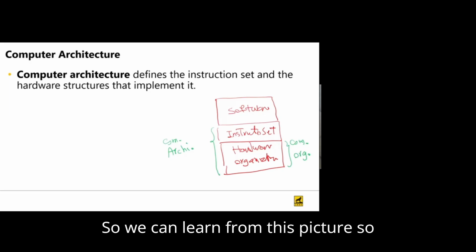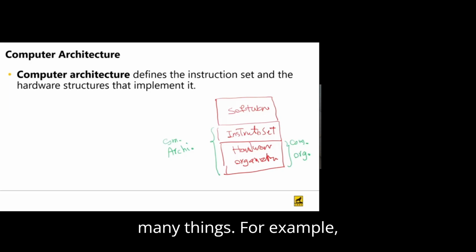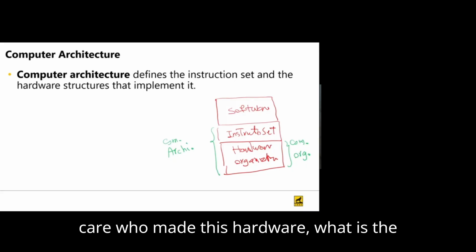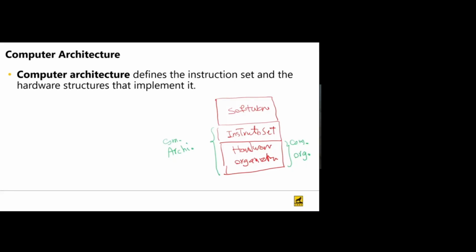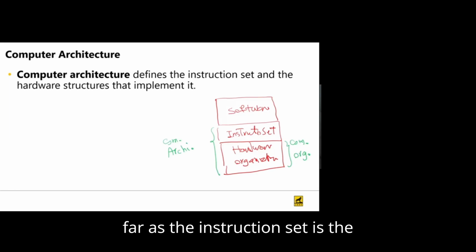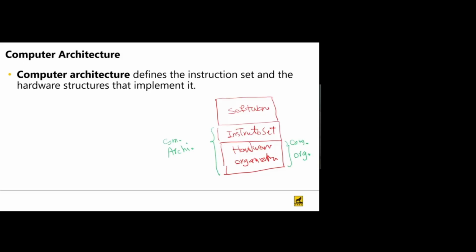So we can learn so many things from this picture. For example, if this instruction set is the same, we don't care about the hardware. We don't care who made this hardware, what the layout is, what the structure of the hardware is. As far as the instruction set is the same, you can write code that works on that machine.